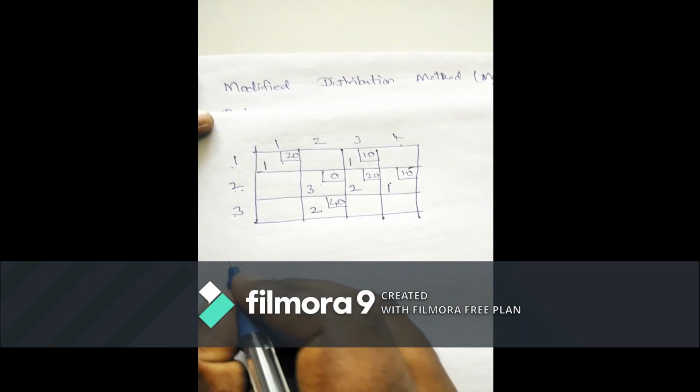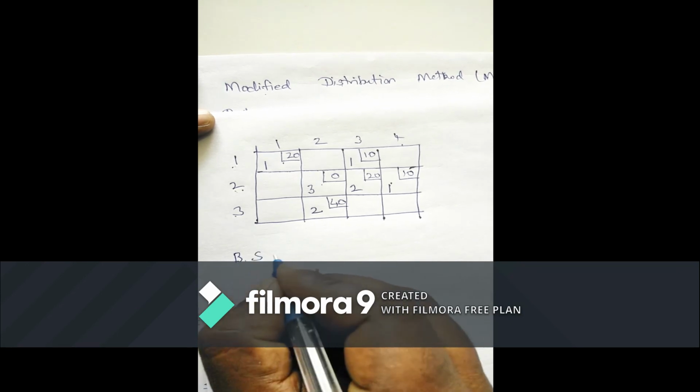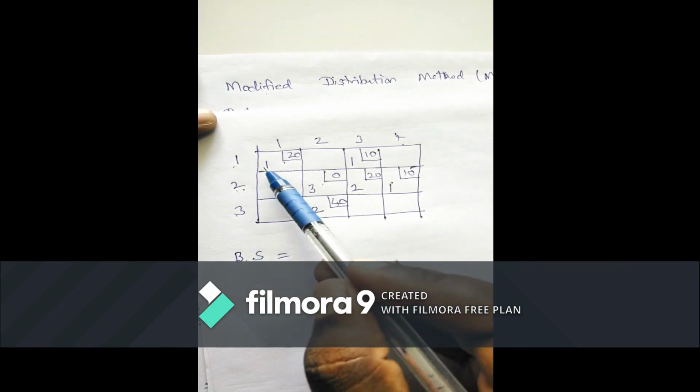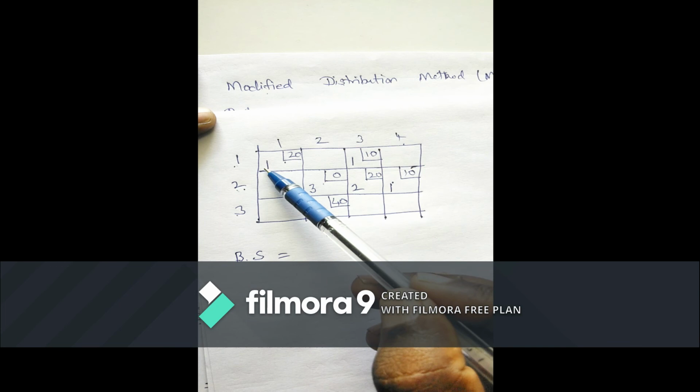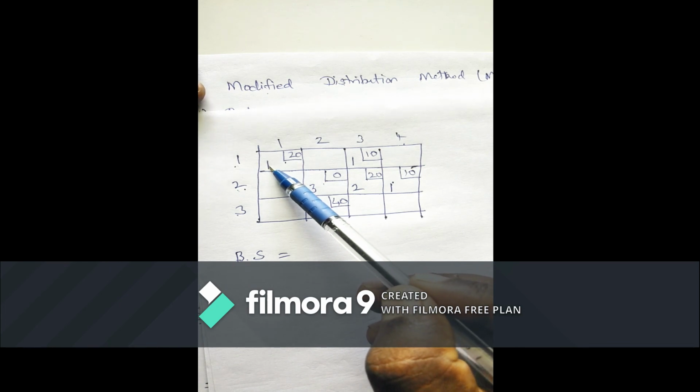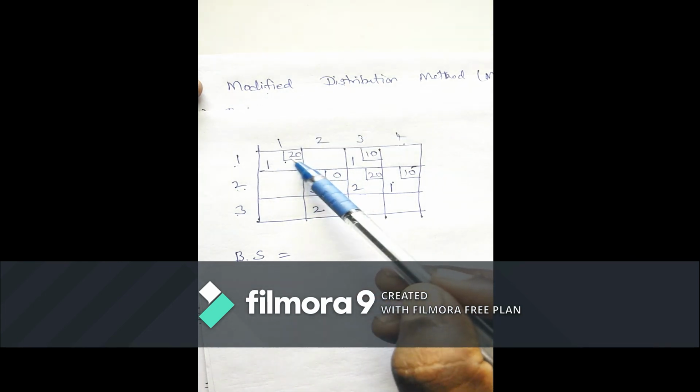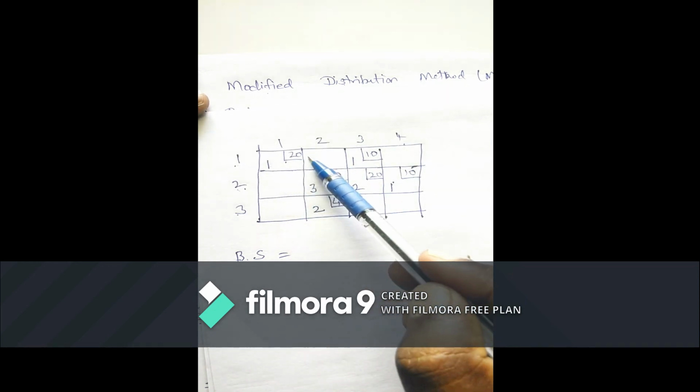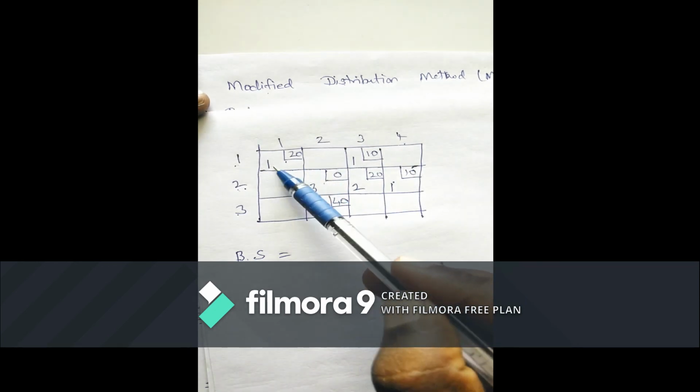Now find the basic solution. Okay, how to find the basic solution? Multiply this cost value into the particular demand or supply value. So this is the number of items, this is the cost value.